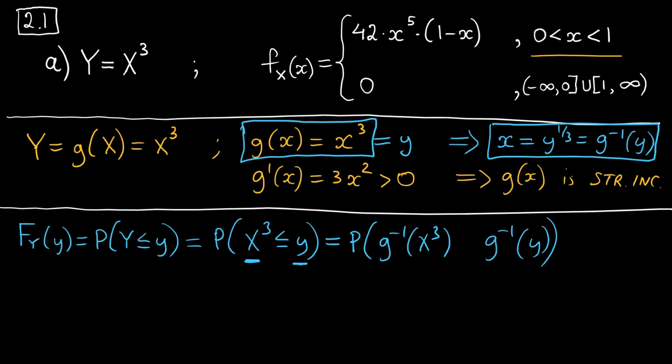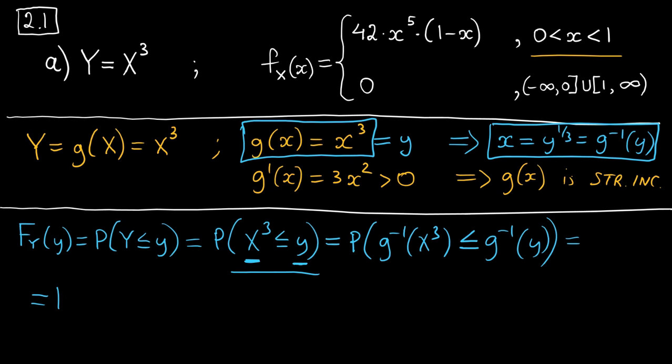The only thing left is to put the sign in there between these two expressions, and because g is strictly increasing, g inverse is order preserving, and therefore the sign will be less than or equal, same as it was here on the left. Okay, and now let's replace g inverse with its actual value of y to the power 1/3.